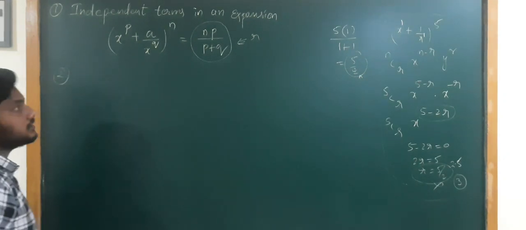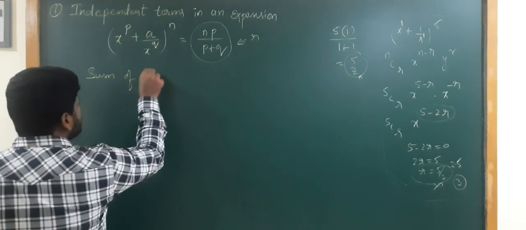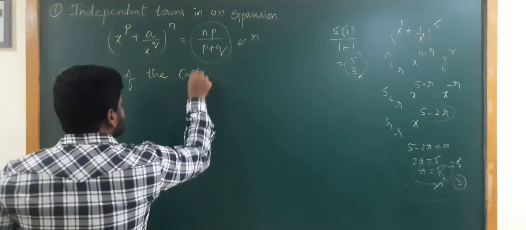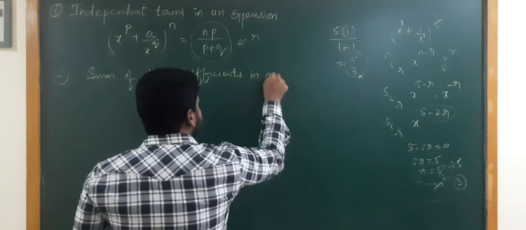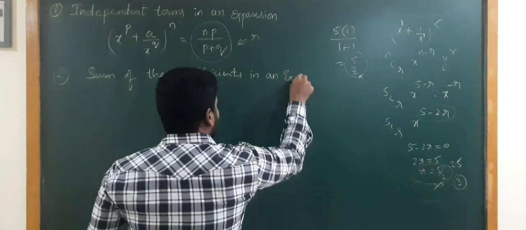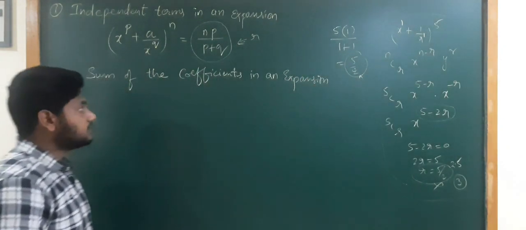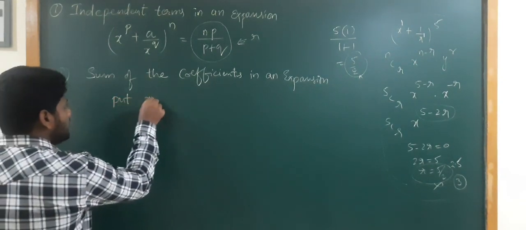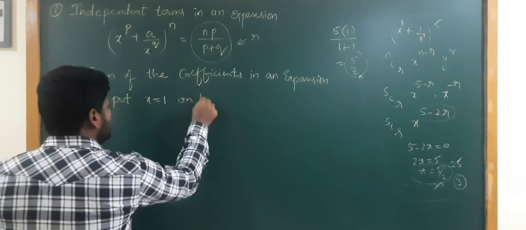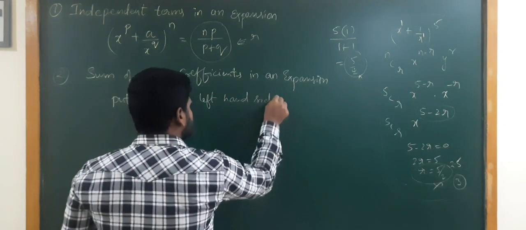Next, another trick is how to find the sum of the coefficients in an expansion. The shortcut, the simple method, is to put x equal to 1 in the left hand side expansion.